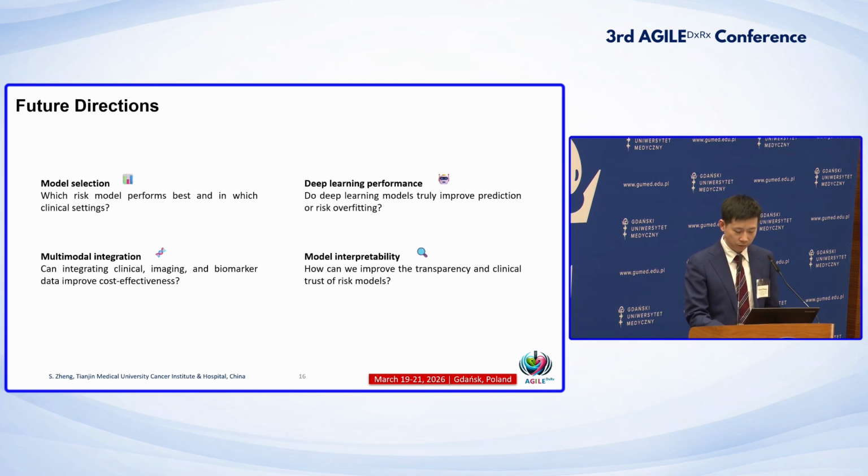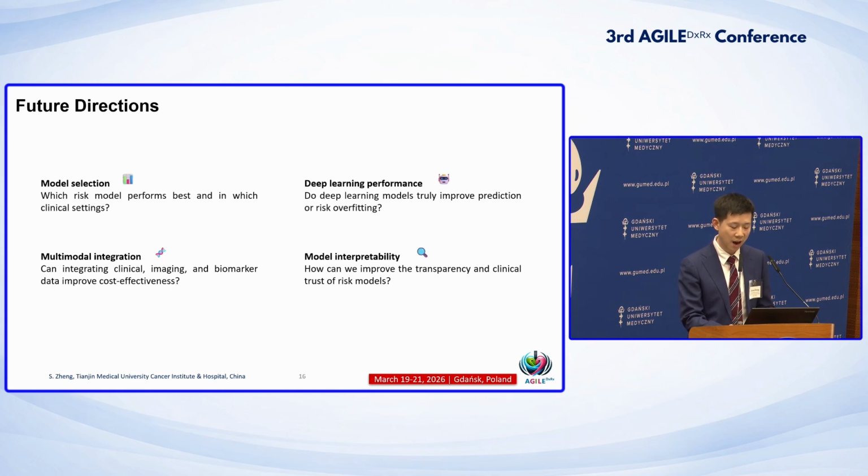And finally, we probably need to further improve model transparency. One possible direction is that we can connect these micro-level features, like from the pathology or the genetics, to the macro-level features such as imaging, to find out whether they have some connections.